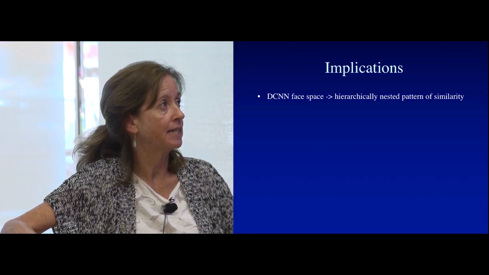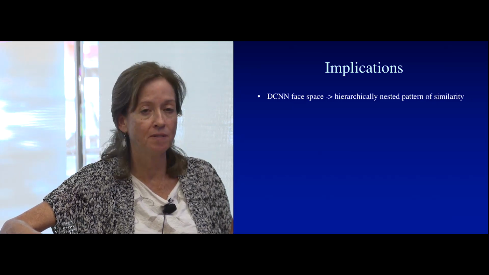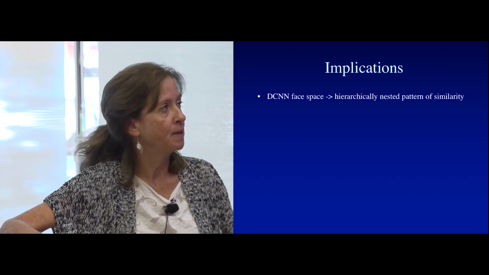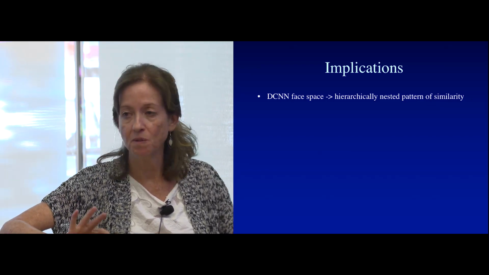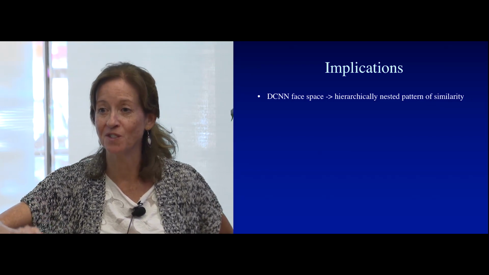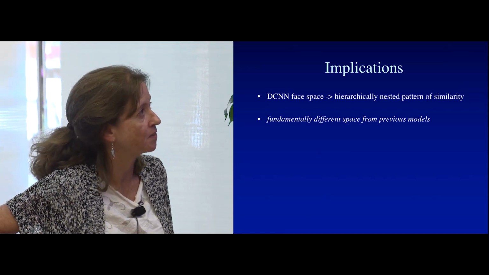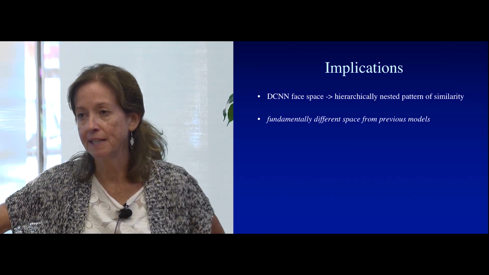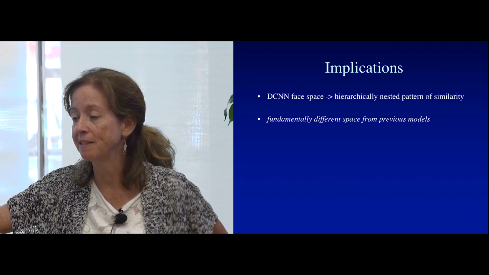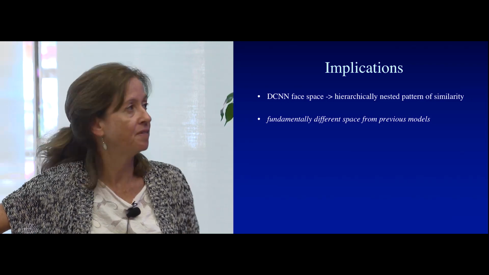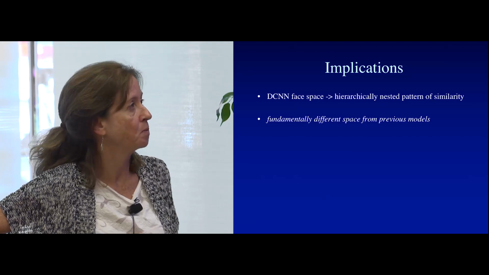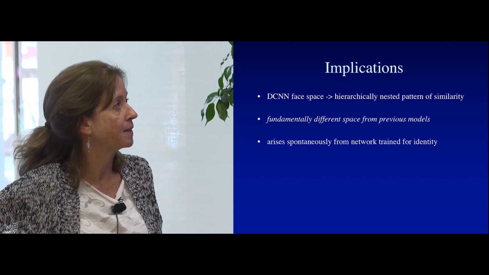Okay, so the implications of this are that the DCNN face space is creating something like a hierarchically nested pattern of similarity. I want to be careful not to confuse this with Riesenhuber and Poggio's model, which is also called hierarchically something. But this means something a little bit different. I would argue, and I think by now I hope you would agree, this is a fundamentally different face space than we have seen in any of the previous models we've looked at.